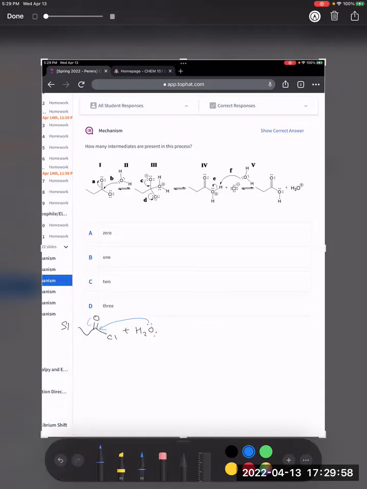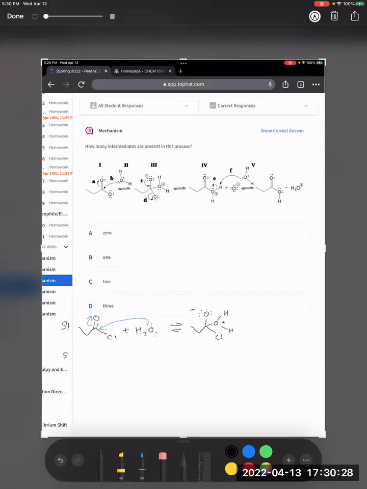As a result of that, the carbon-oxygen bond is going to break, and at the end of the day we are going to get oxygen, and then H2O is also going to be added to it. This oxygen is going to have a negative charge, and the H2O part is going to have a positive charge. That's our first step.